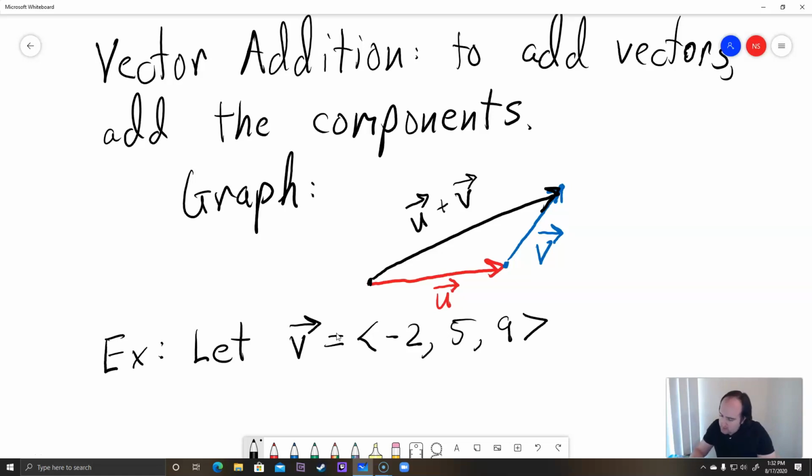And then we're going to let vector u equal 0, comma, positive 3.5, comma 1. Okay. So vector v is negative 2, comma 5, comma 9, and vector u is going to be 0, comma 3.5, comma 1.